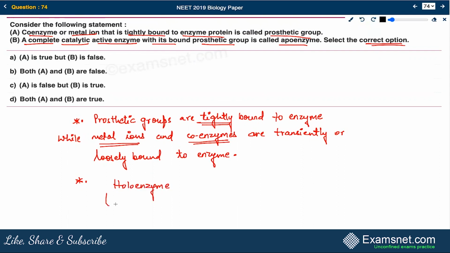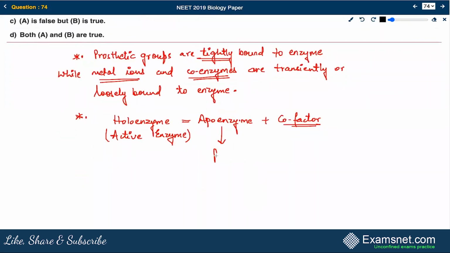This is the active enzyme, which is holoenzyme, and this is a combination of apoenzyme plus cofactor. Clear? Now this apoenzyme is the protein component of the enzyme.